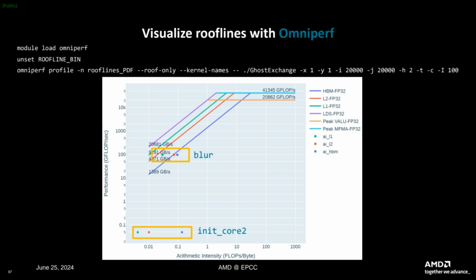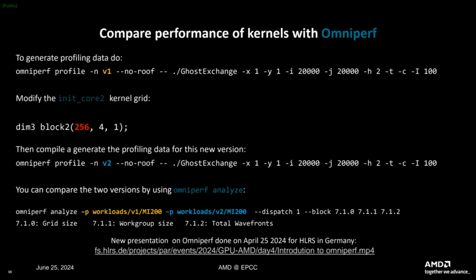And something else, and I'm gonna finish with this, is that with ROCprof, you can do something very cool, which is you can test improvements that you've done specifically on your kernels, because you can generate profiling data on your code, and then you can modify something on your code, like say a specific kernel. For instance, here I modified the grid size, and then I ran it again with this v2 name.